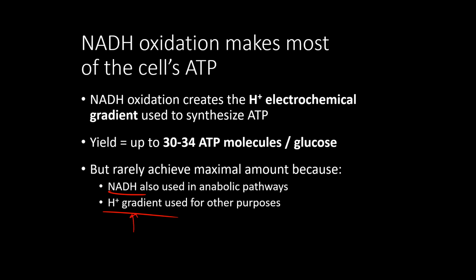You already learned another mechanism of that. That is when you had the pyruvate being transported across the mitochondrial membranes, right? Remember, that required the proton gradient too. So that's why we can never get the maximum. It's just a maximum theoretical yield.